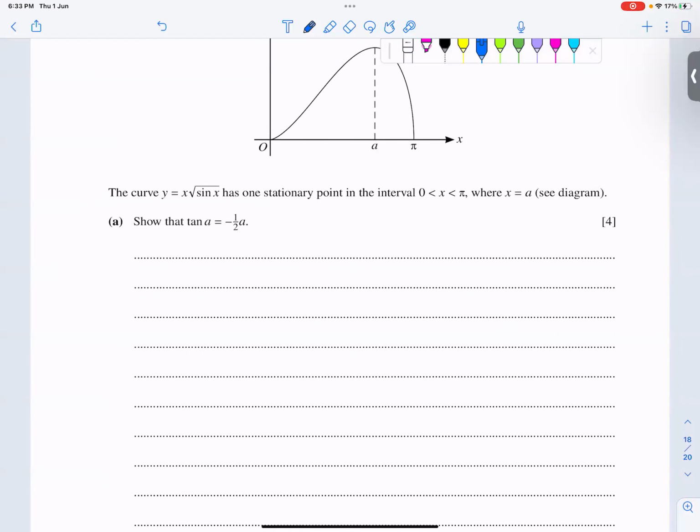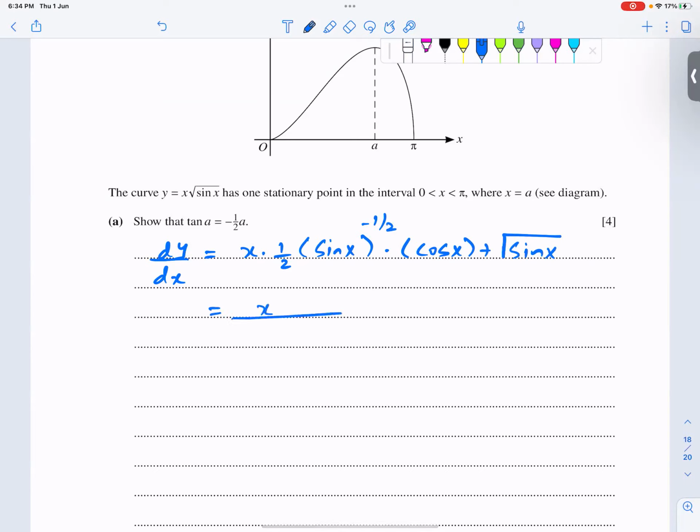The derivative dy over dx is equal to, apply the product rule, x as it is, and apply the power rule on square root sine x: 1 over 2 (sine x) to the power minus 1 by 2, into the derivative of sine x, which will be cos x, and then plus square root sine x, as the derivative of x is 1. So now x cos x over 2 square root sine x, plus square root sine x.